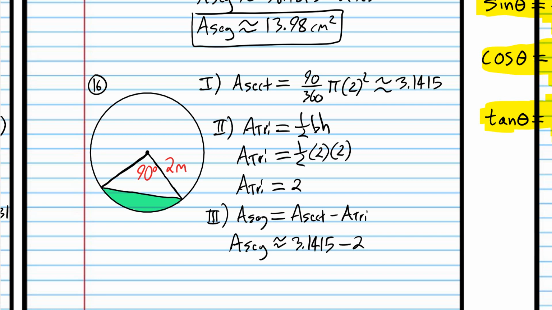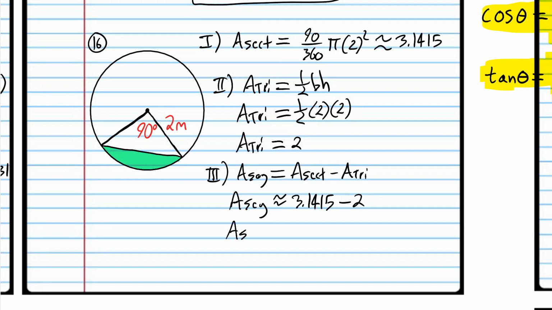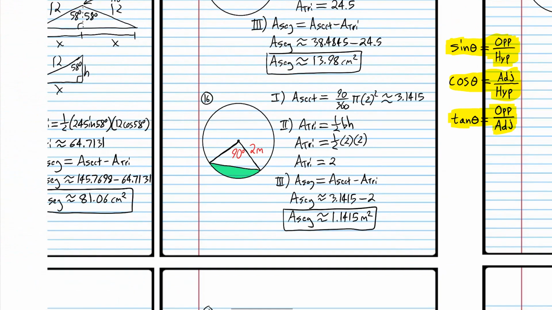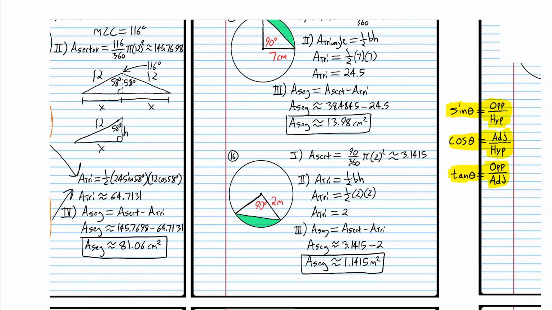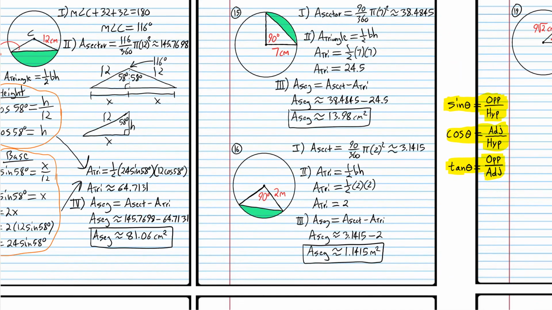Then we minus 2. And we don't really even need a calculator for that. We can just see it's equal to 1.1415 square meters. So if you got that answer, good job. So again, those were the special situation where the central angle is 90 degrees. So we could jump forward on that particular example.